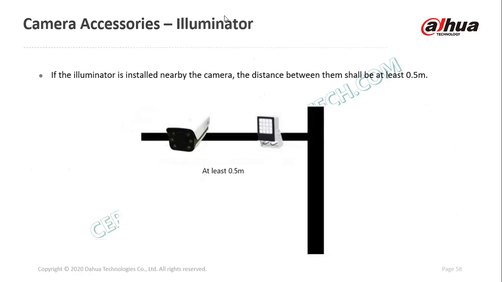Okay. So an illuminator. It's like those on highways. It helps produce light for the camera, and installation distance is usually not less than 0.5 meters.